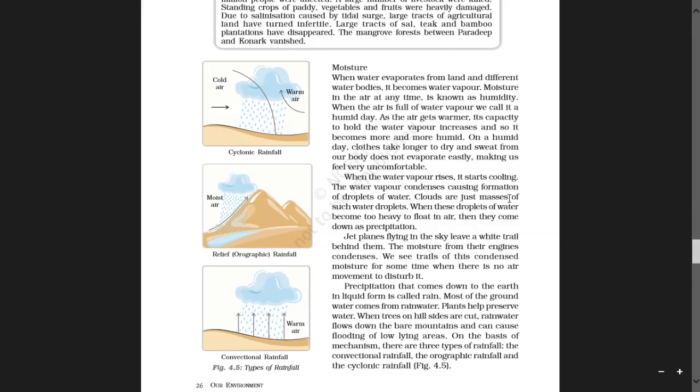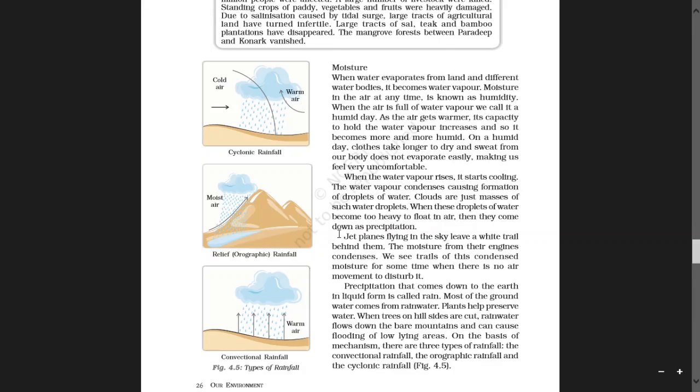Clouds are just masses of such water droplets. When these droplets become too heavy to float in the air, they come down as precipitation.